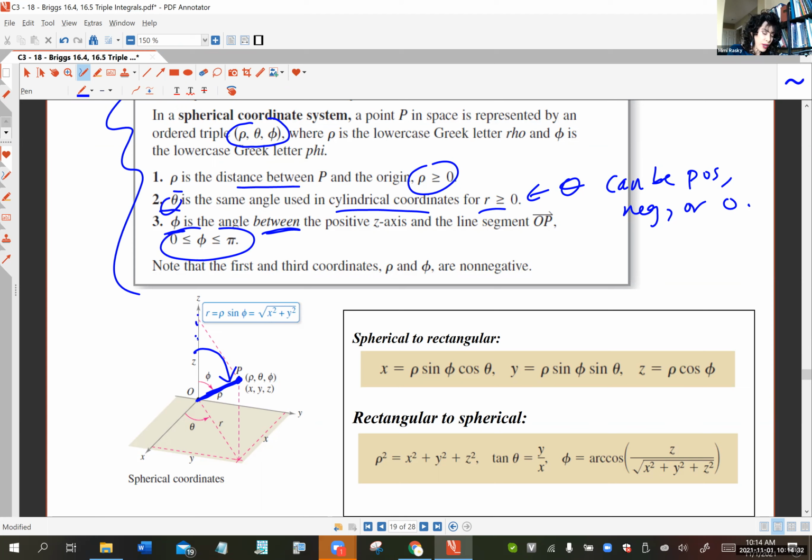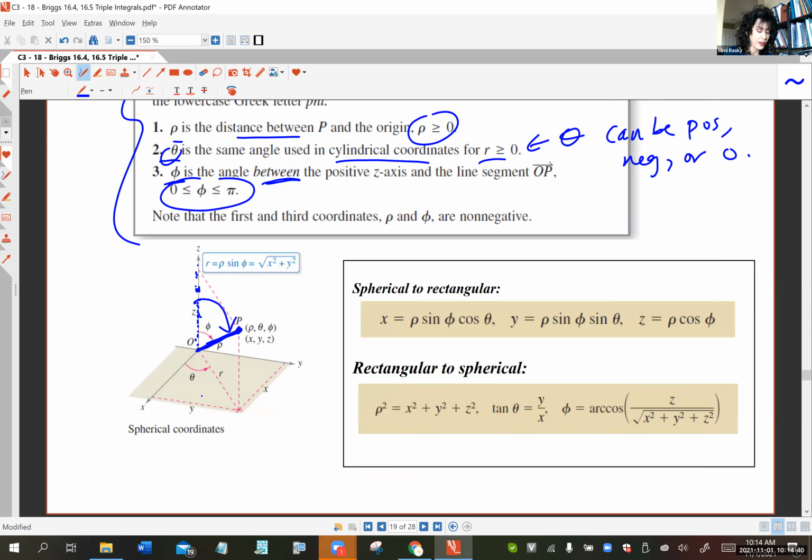If you're a point that lives on the positive z-axis, your phi is 0 because the angle you're making with the positive z-axis is 0. And as you see here, this angle looks like it might be something like 45 degrees or pi fourths. If you're a point here in the xy plane, what do you think your phi would be? Well, it's 90 degrees, which is pi halves.